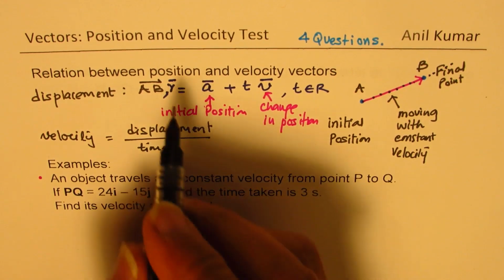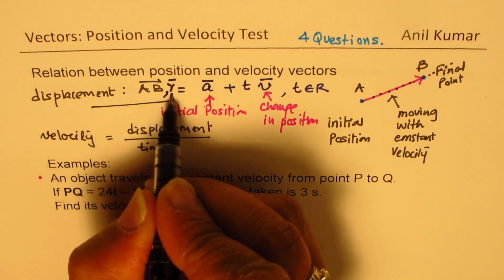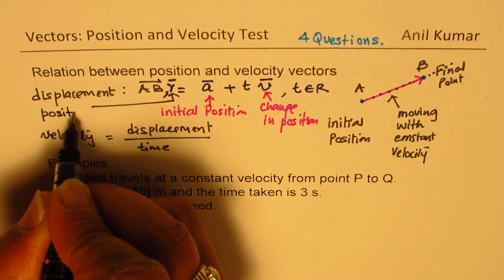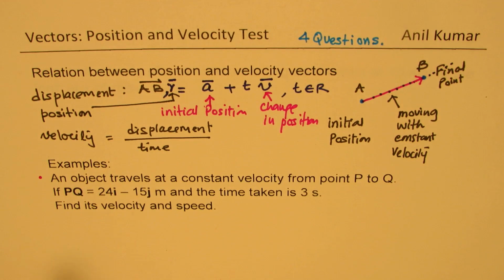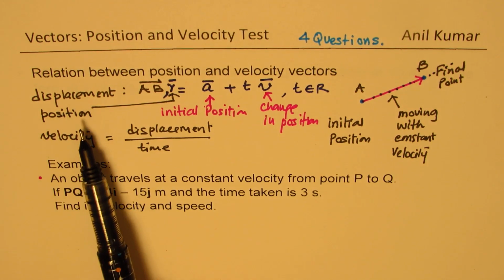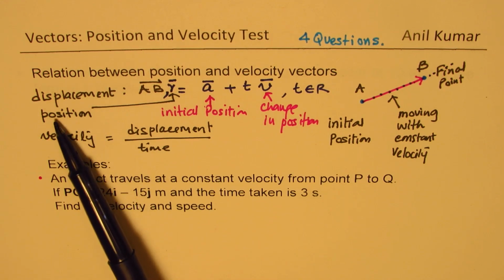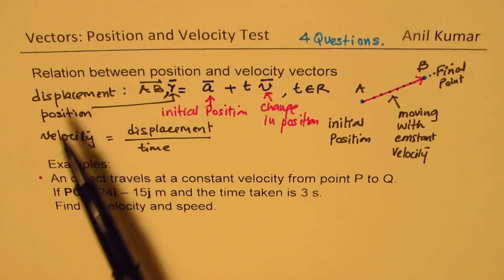When I'm writing R, let me rewrite R, which is the position actually. So now, displacement and position are two different things. Displacement is change of position, okay?